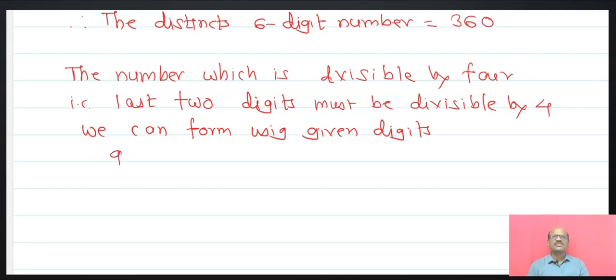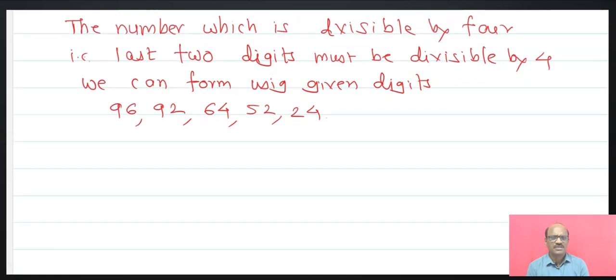That is the last 2 digits: 96, it is divisible by 4; 92, divisible by 4; 64; 52; 24. That is a total of 5 numbers. These total are 5.